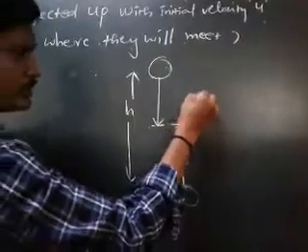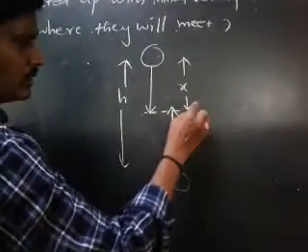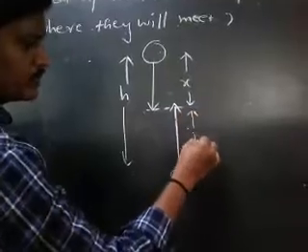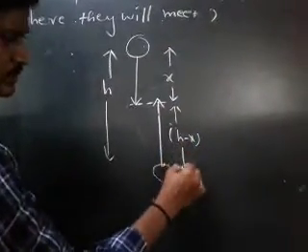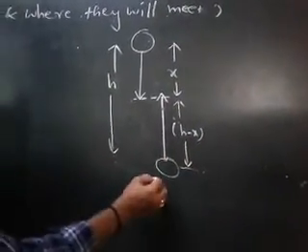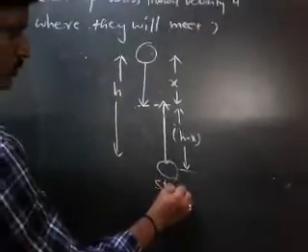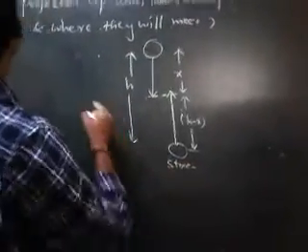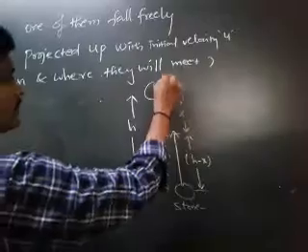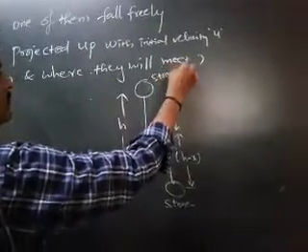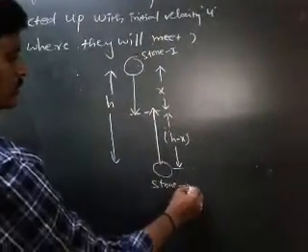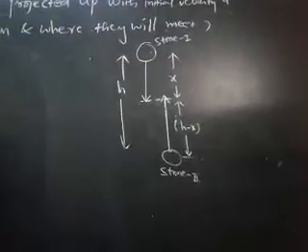The displacement covered by stone 1 is x. The other displacement is h minus x.